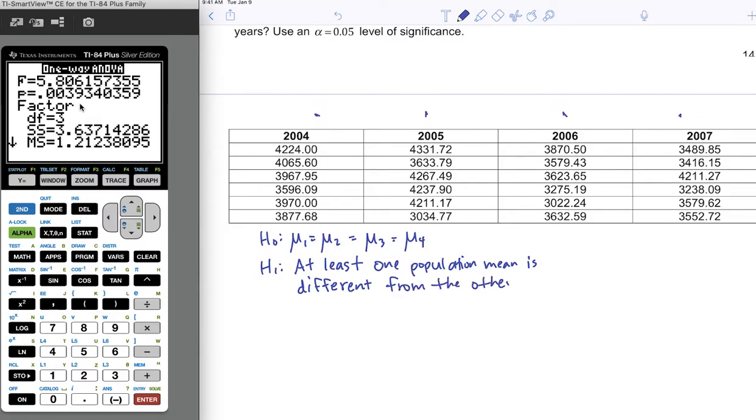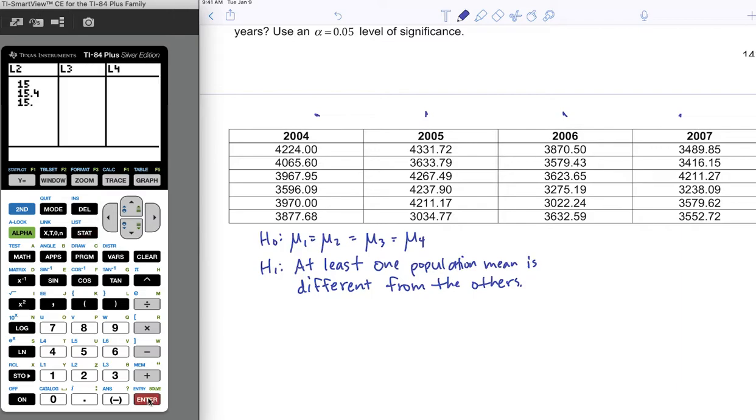Okay, so now we're going to type these data into lists. So stat, edit. I'm going to go ahead and clear out what I have here because I think my previous lists were longer than this. So I'm going to clear out all this stuff from my list. L2, clear, enter. L1, clear, enter.